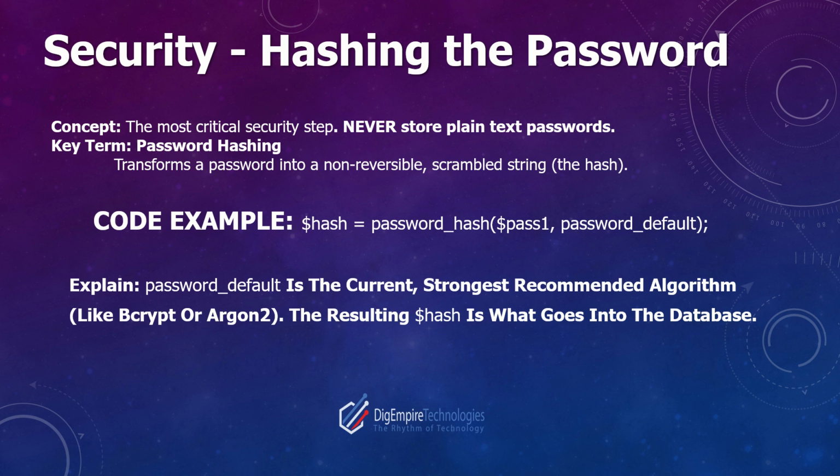When it is processed, the next thing is that it will be hashed or converted into a different form, a recommended algorithm. Then that is the one that will be pushed into the database, and that will be the password which will be stored.